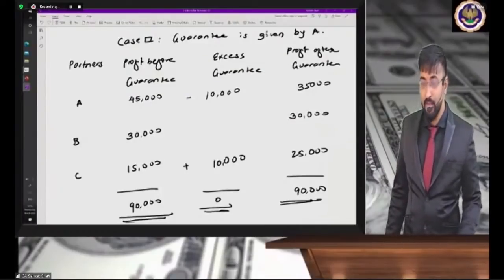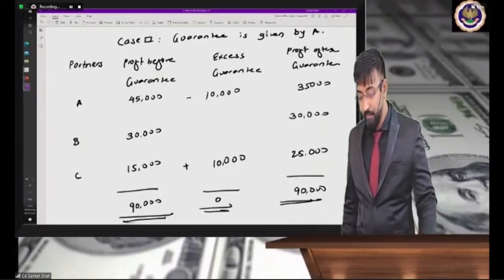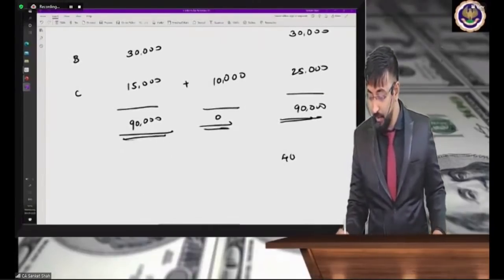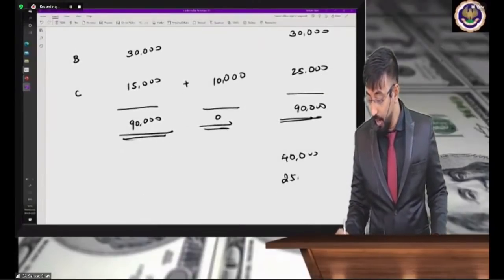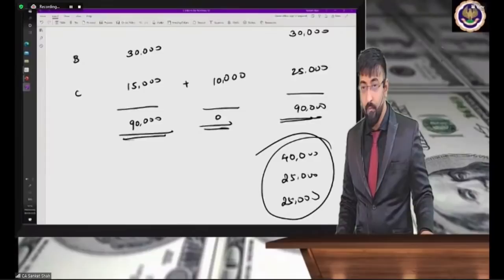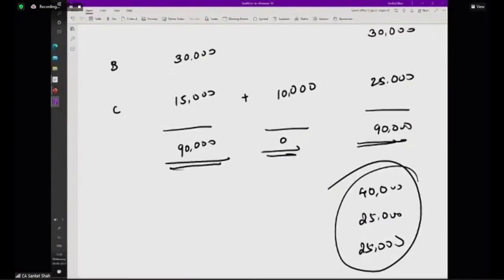Final answer is 40, 40, 25, and 25. So this is the final answer: 40, 25, 25.